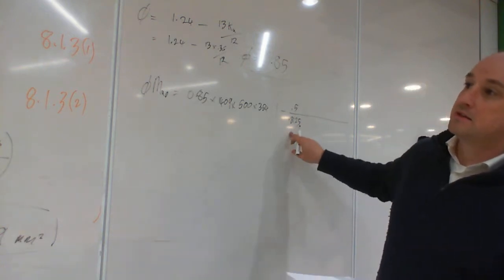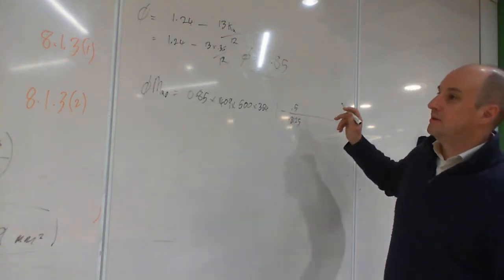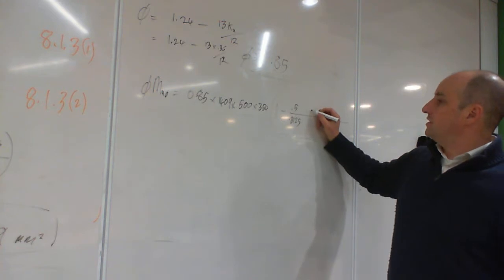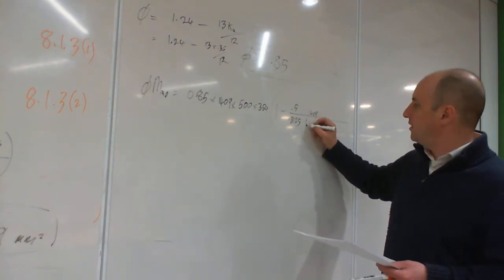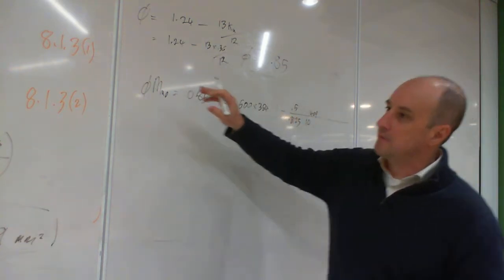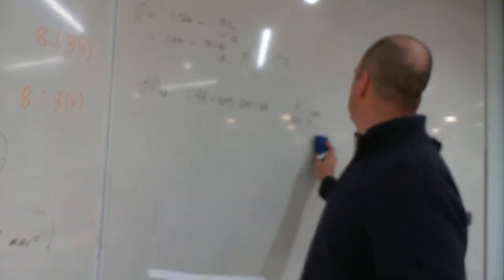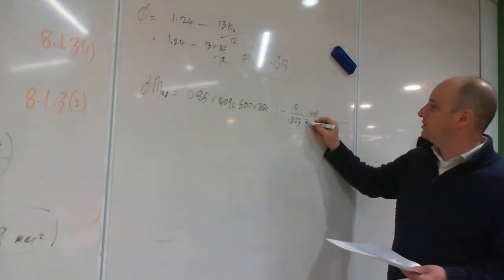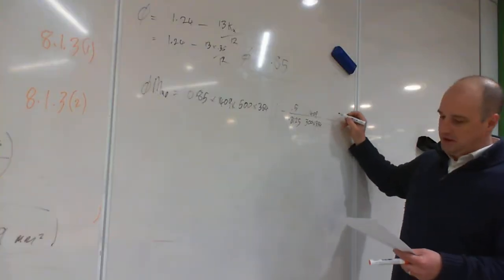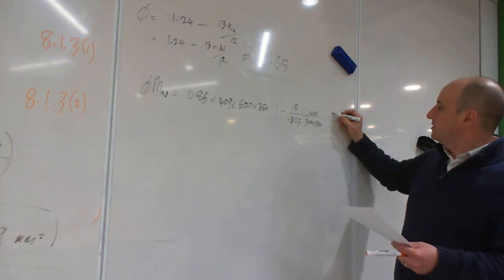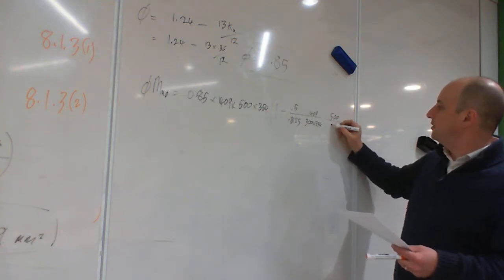That's the alpha 2 value. Times the area of steel, which is 1,409, over 300 times 354. Finally, times 500 over 25.